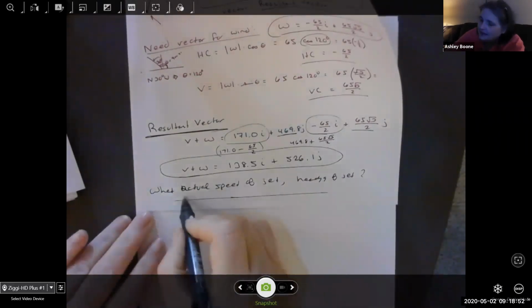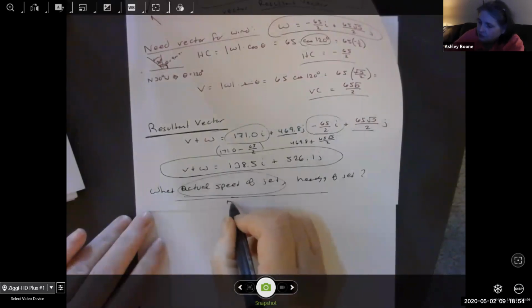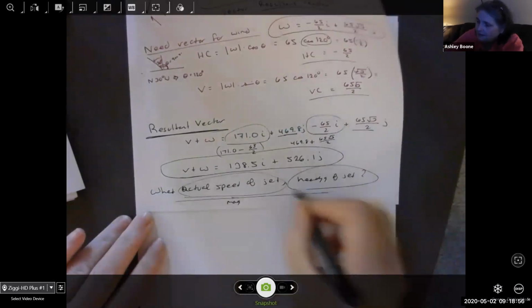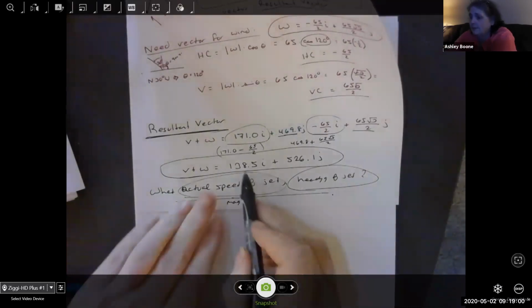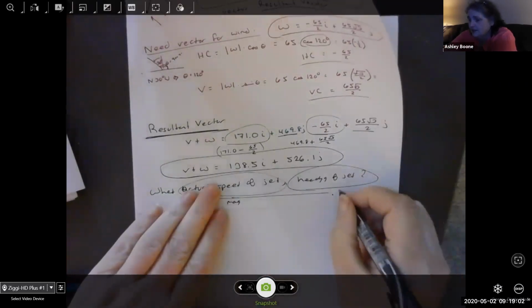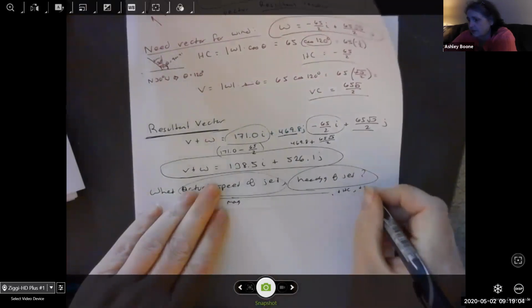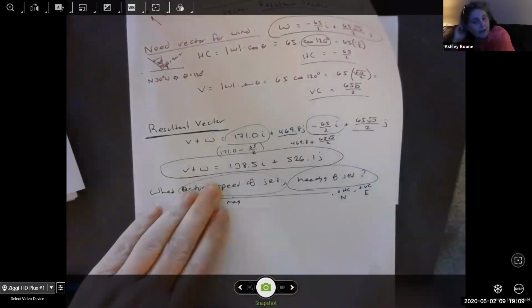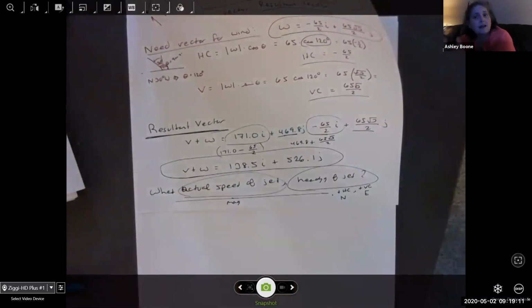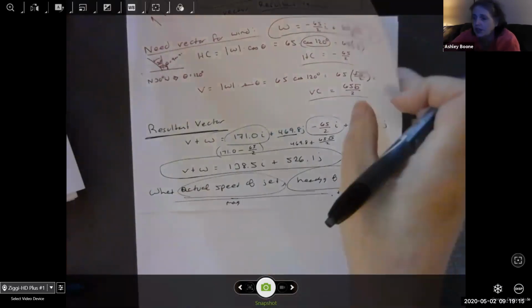So what we need is the magnitude, and we need our headings, northeast, southwest. Now I know I'm going up and to the right, positive horizontal component, positive vertical component, so I'm going north and east. So my heading is going to be northeast, but I need the angle, I need the magnitude. Let's finish it up. If we know a vector, we can get that.